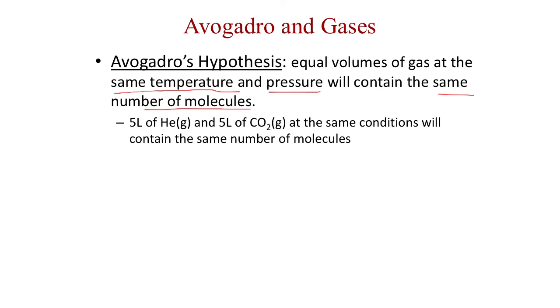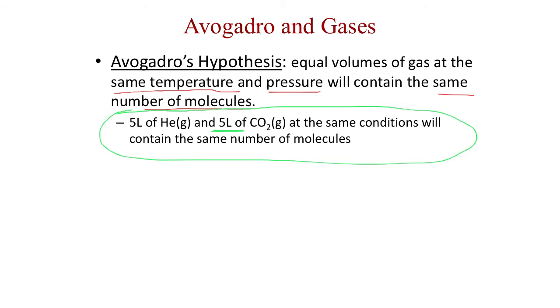So hopefully you remember doing this question in Regents, where it was something like 5 liters of helium gas at STP would have the same number of molecules as, and the key was that you had to pick something else with the same volume as long as they were at the same temperature and pressure.